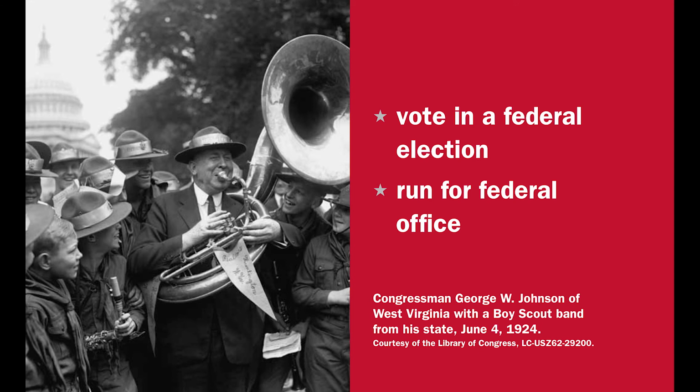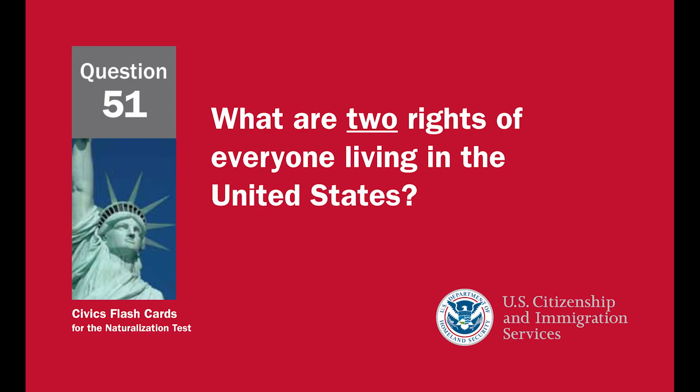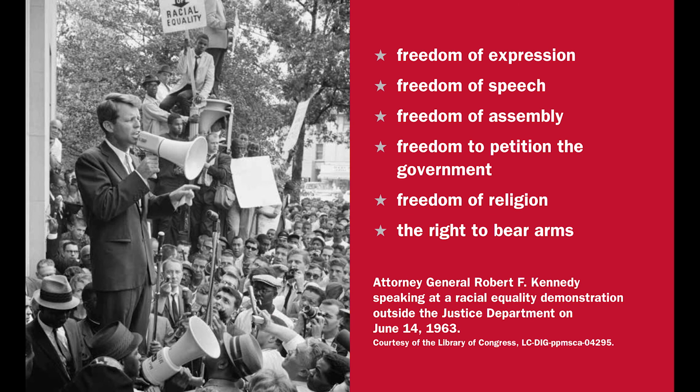Run for federal office. What are 2 rights of everyone living in the United States? Freedom of expression. Freedom of speech. Freedom of assembly. Freedom to petition the government. Freedom of religion. The right to bear arms.